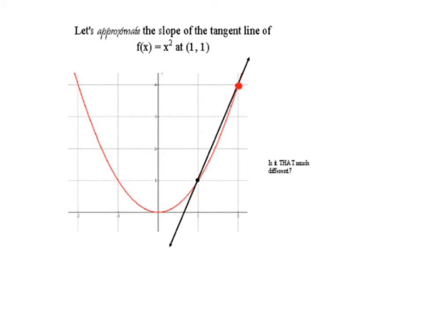We pick this point, we find the slope of that line, and then we're going to move and pick this point and find the slope of that line. And we're going to continue doing that, and as this point approaches the tangent point, we're going to be able to approximate the slope of that line using 1 point. So remember Zeno's paradox. It gets close, close, close, half the distance, half the distance, half the distance. But it doesn't actually reach that point. And so what we're doing is applying the limit process to this.